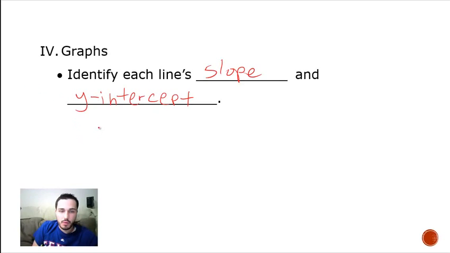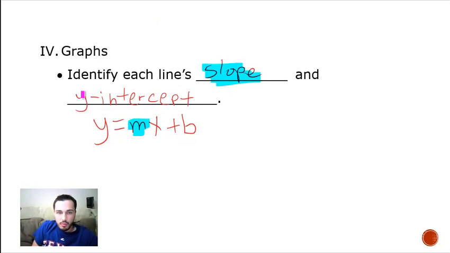And the way you can write that equation is using that handy-dandy formula y equals mx plus b, where if you recall, slope is m and y-intercept is b. You identify those two things about any equation, any line, and you can write the equation. And that's what we're looking for at the end of the day anyway. So let's see an actual graph. We'll identify slope, we'll identify y-intercept, and use that to write an equation.